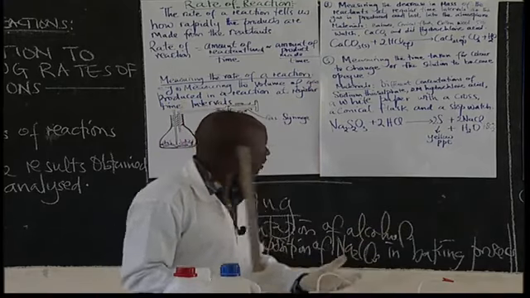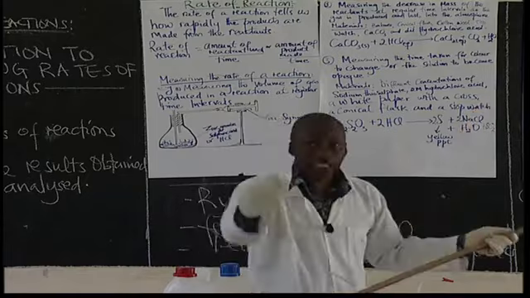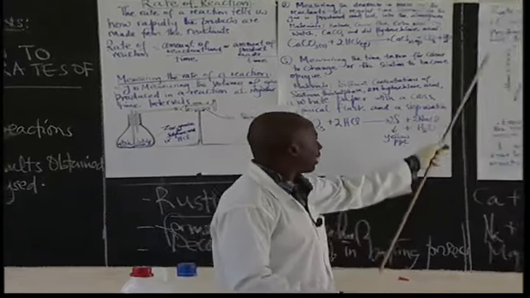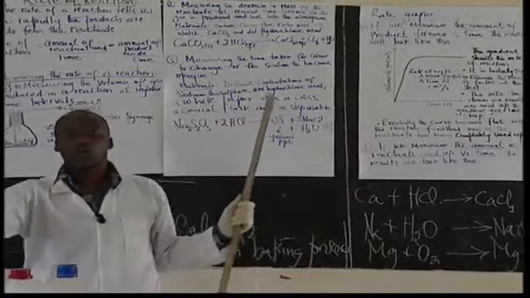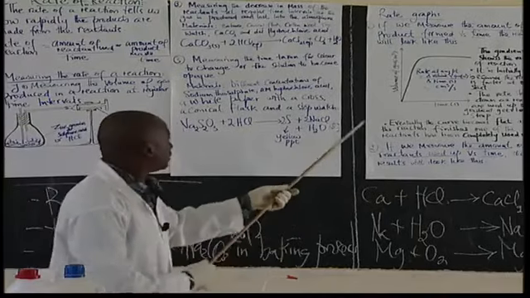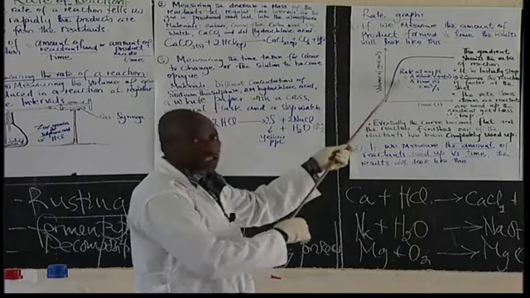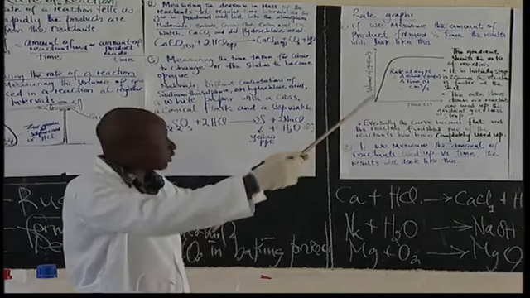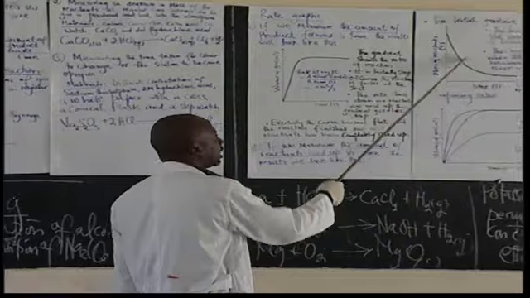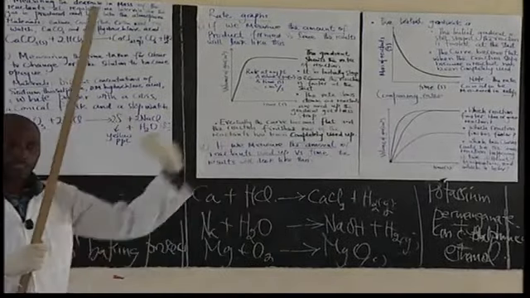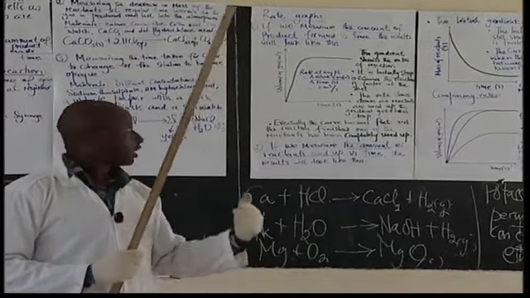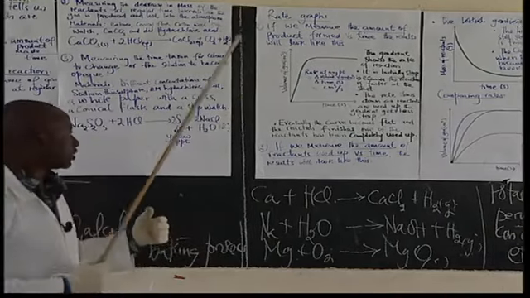Now, when you come up with the data, we said that the data can be analyzed by using the graphical method. Here we are measuring the product, the volume of the gas produced, and here we are measuring the mass of the reactant that is used up.